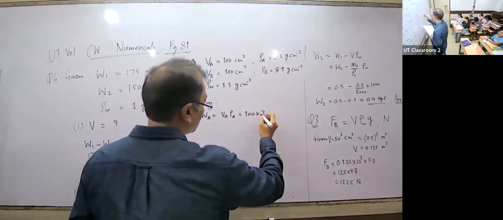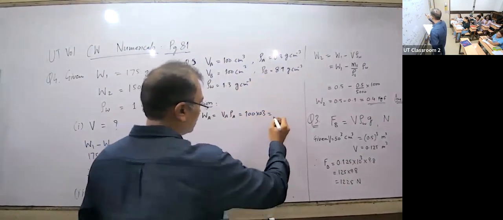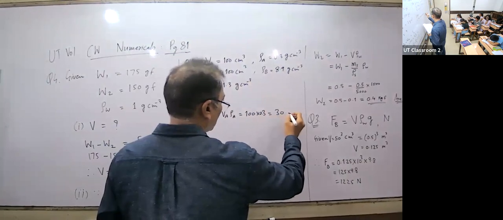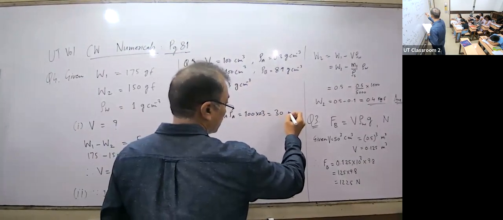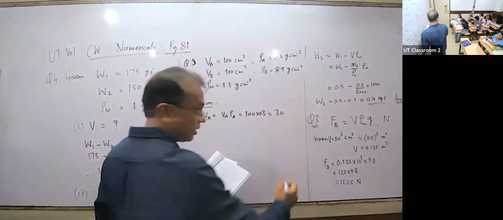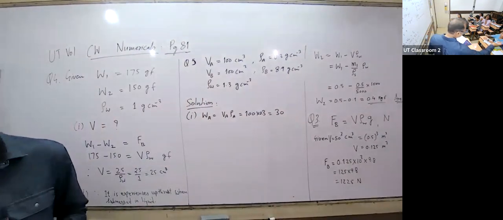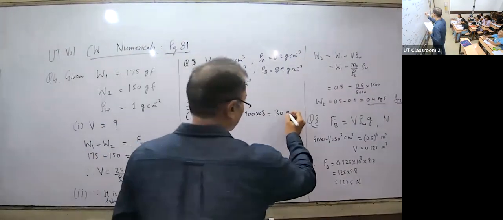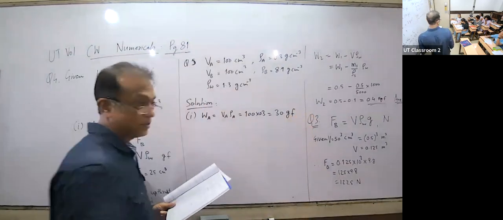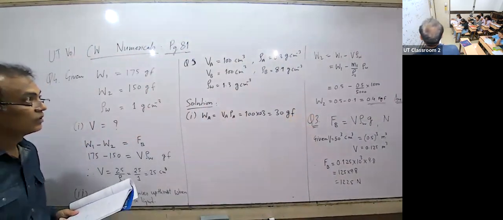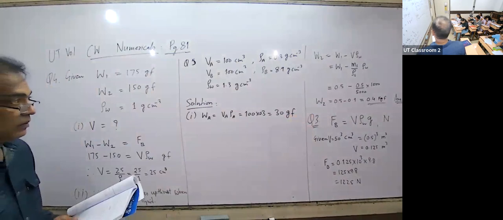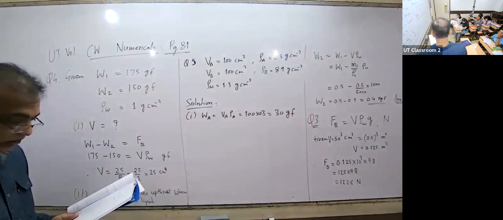This is how much? 30. What is the unit? Yes, gram force, because it is CGS. So we have to mention it in gram force only.